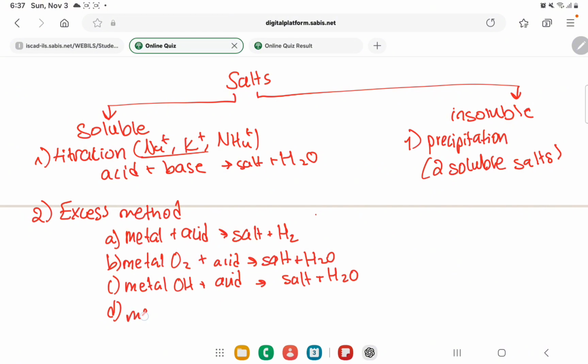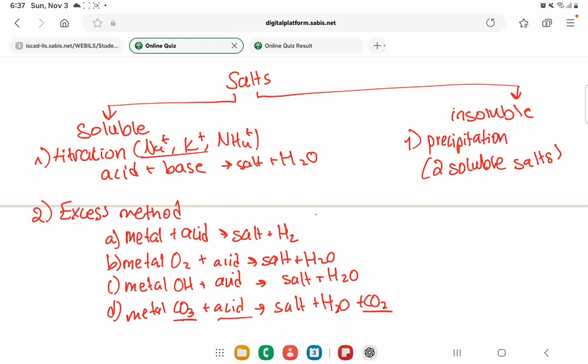And then metal carbonate and acid, which release salt, water, and carbon dioxide. It releases carbon dioxide because carbonate and acid when they react, they release carbon dioxide. Okay, so you need to know these, and I'll show you the alkali group.